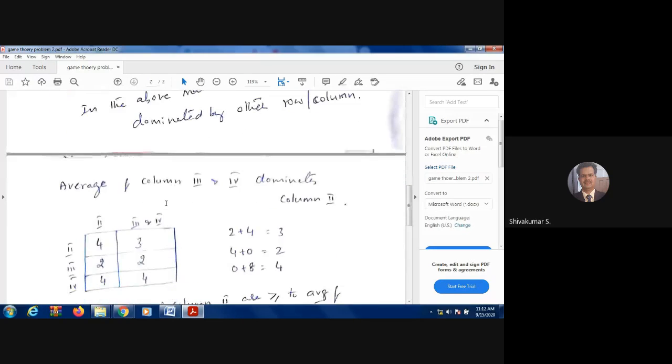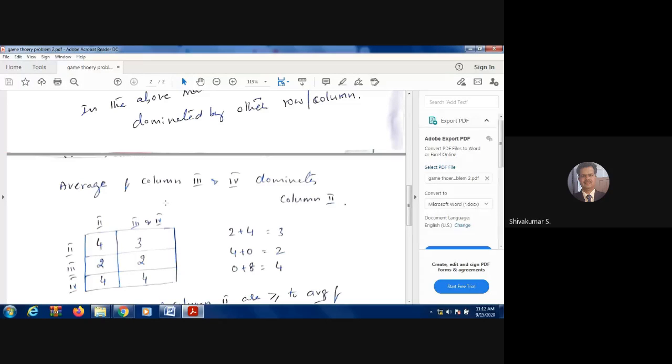See now, the average of columns 3 and 4 dominates column 2. So you can say it is 2 plus 4, 3, and 4, 0, 2. And so you can see the matrix here. Player A is as it is, 2, 3, 4, whereas for player B you have column 2 and the average of columns 3 and 4.